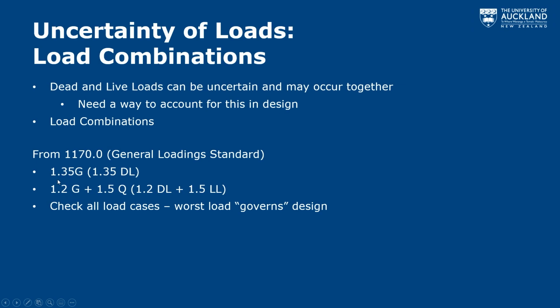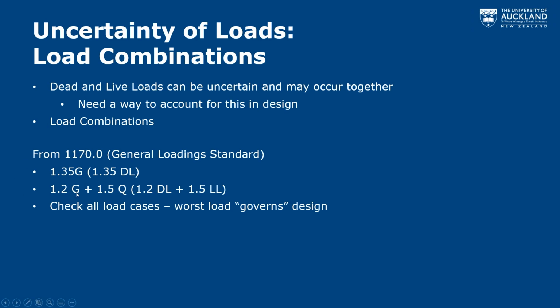Similarly, if we have both dead load and live load, or, as 1170.0 calls it, permanent load and imposed load, well, we'll increase our permanent load by 20%, and then we'll add that to a 50% increase in the imposed load. And then that will be the load that we design our structure for.